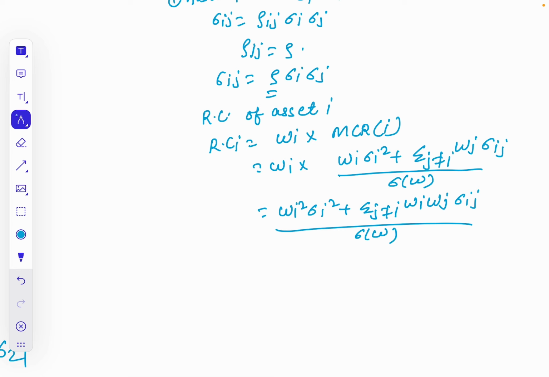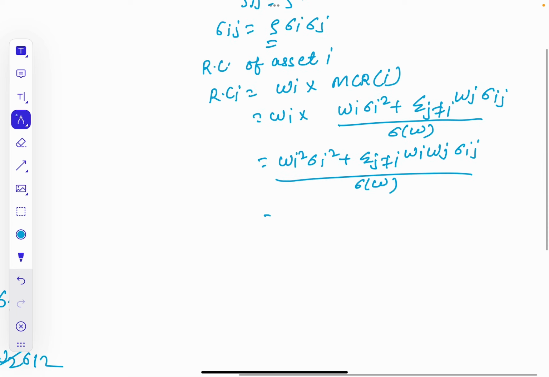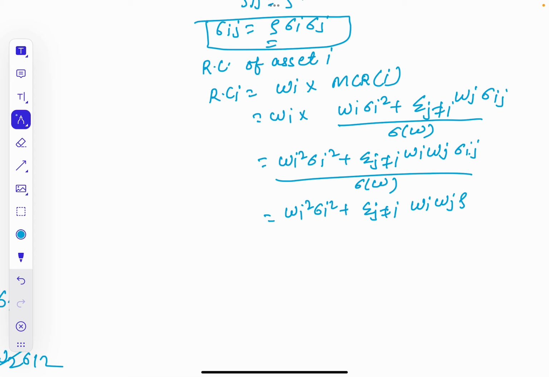Now you can write this term, the covariance term, as weight i, weight j, rho times the standard deviations, right? So the correlation into the standard deviations. Rho is a constant, so we can take it outside, divided by sigma w.